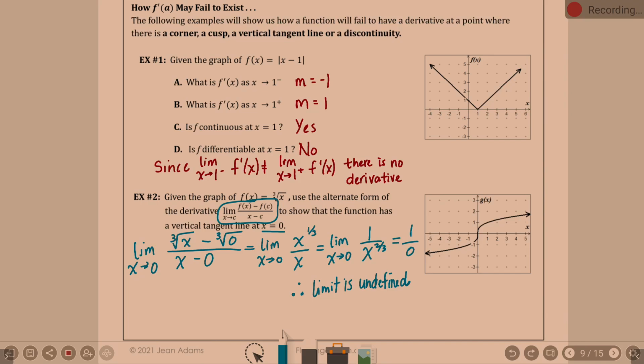This right here, when we talk about it, we're supposed to be showing there's a vertical tangent line. Do you see how there could be a vertical tangent line? And by finding that derivative to be undefined, that's also showing that.